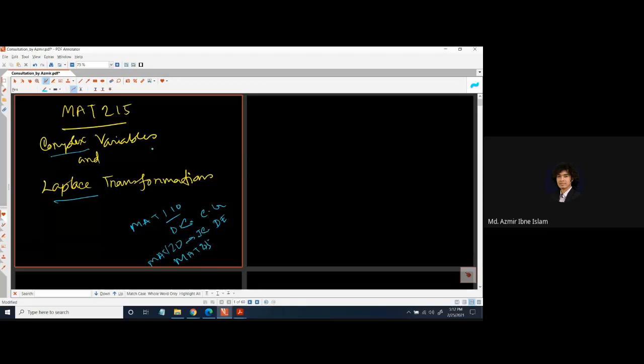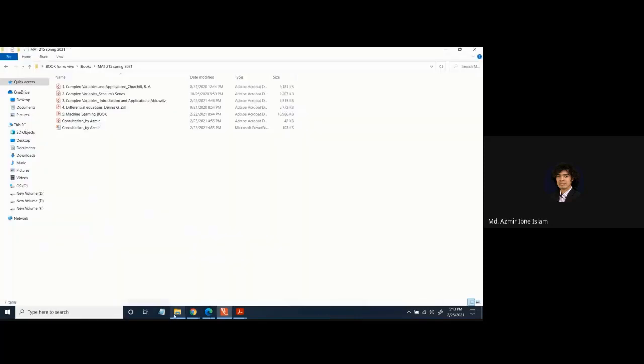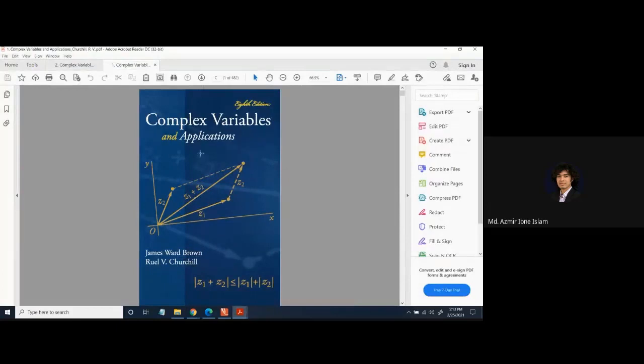But this time, in this semester, we'll try to include another portion from machine learning. For complex variables, we can go through this one, complex variables by James Brown and Will Churchill.